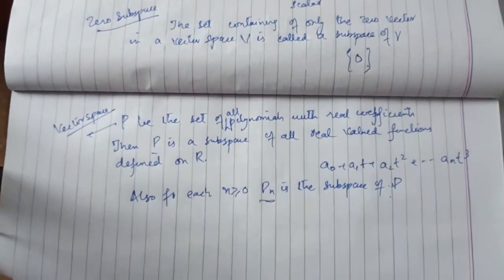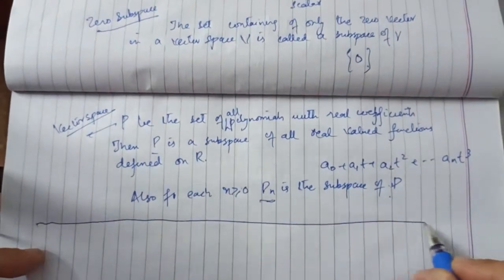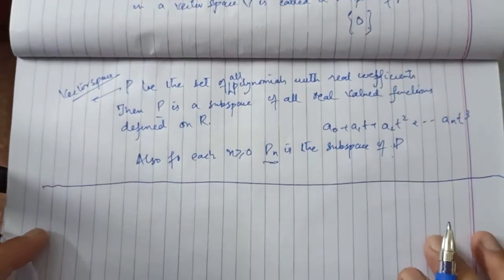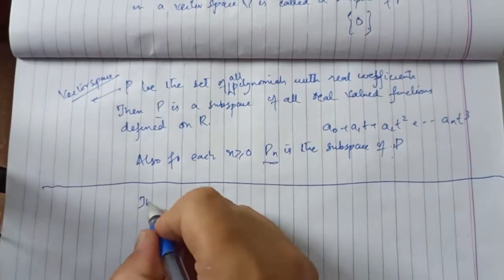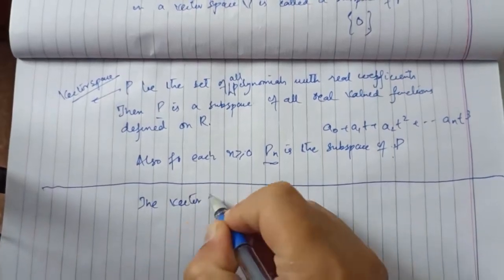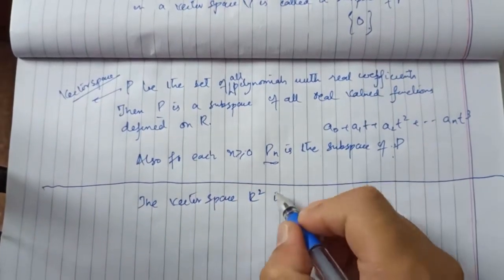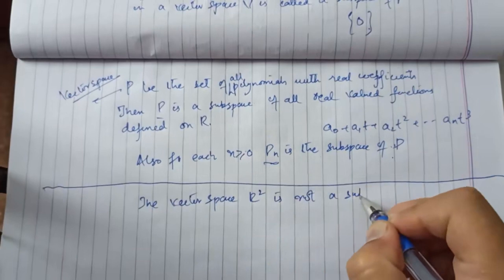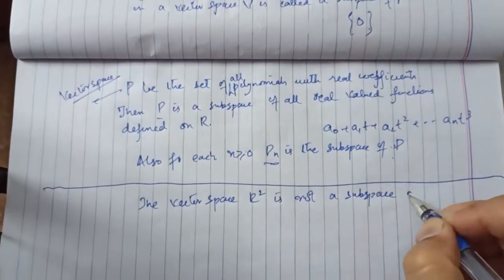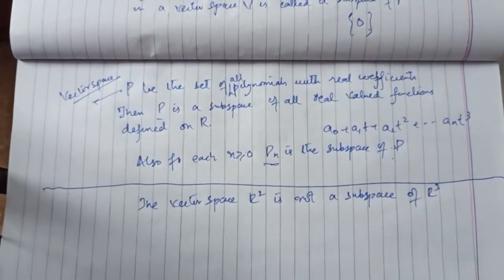Okay. Now, a few things that one should be careful of is that the vector space R2 actually is not a subspace of R3.